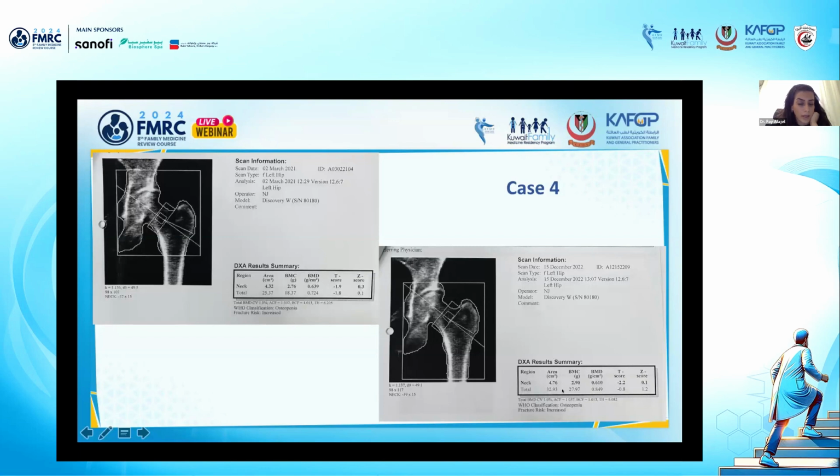So here you will say that this treatment is a treatment success, and the patient should continue, even if the BMD of the neck was lower. So this is a case of follow-up. You follow up the patient by comparing the BMDs in their reports and not the T-scores. Never look at the T-scores when you follow up the patient.